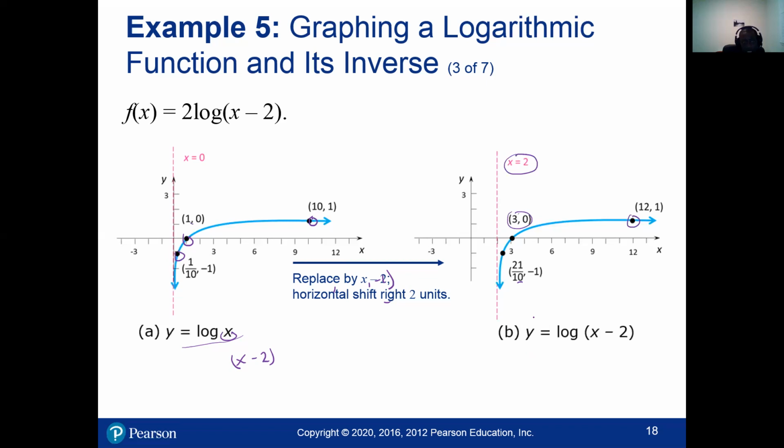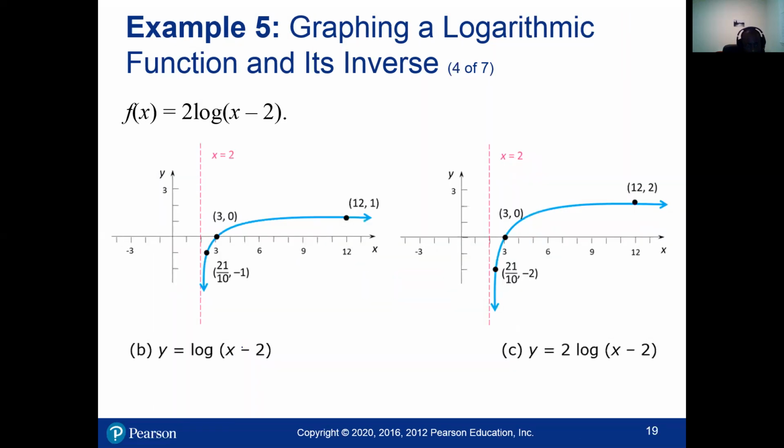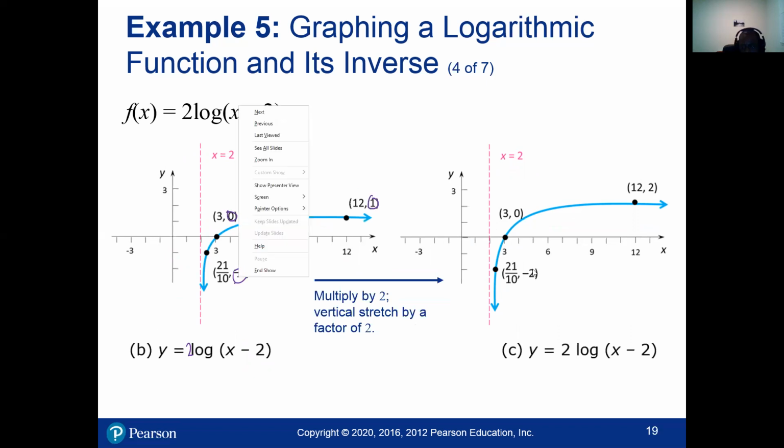And then we go to the next stage. We have this graph, then we multiply it by 2, which is a vertical stretch by a factor of 2. So in that case, we multiply each of the y coordinates by 2. Negative 1 times 2 gives me negative 2. 0 times 2 is 0.